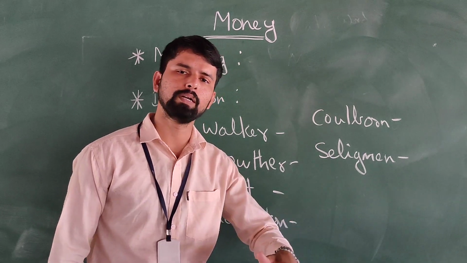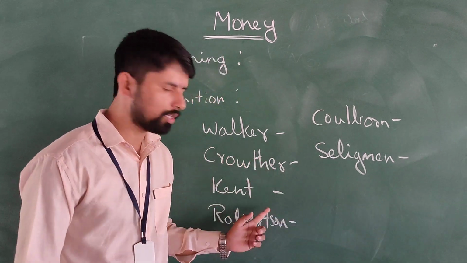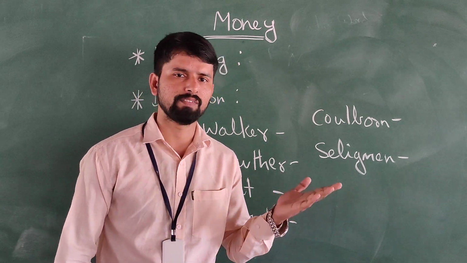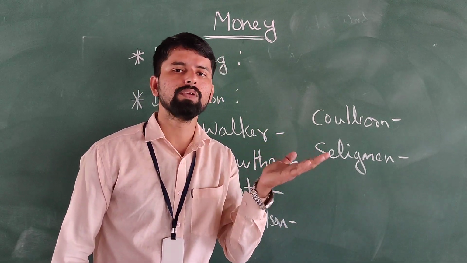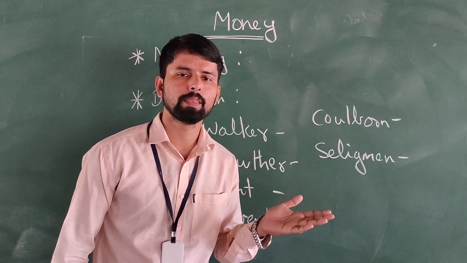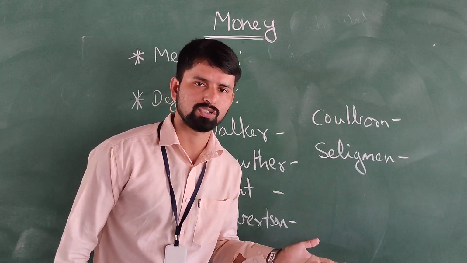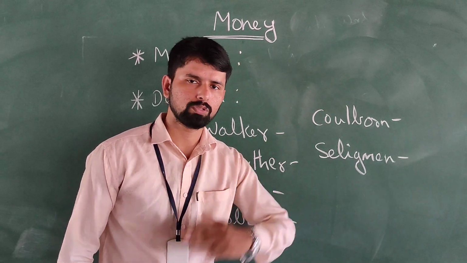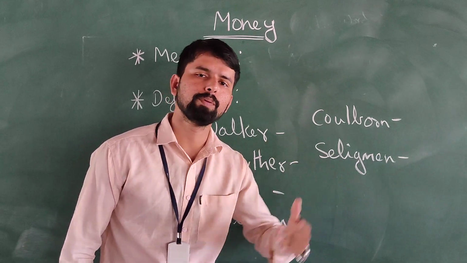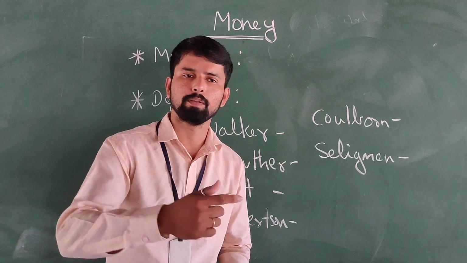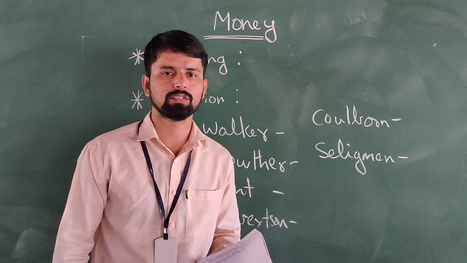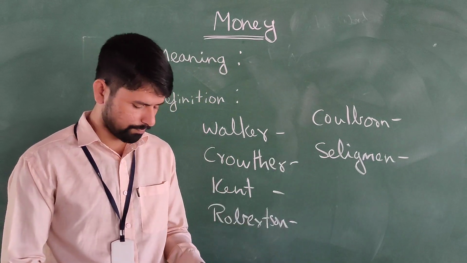Here, general acceptability means the same as the words used by other economists, medium of exchange. Medium of exchange means money is a thing which is used by all the people in all their transactions. All transactions means payment of goods and services as well as repayment of debt in their social or economic conditions. That is the Seligman definition.